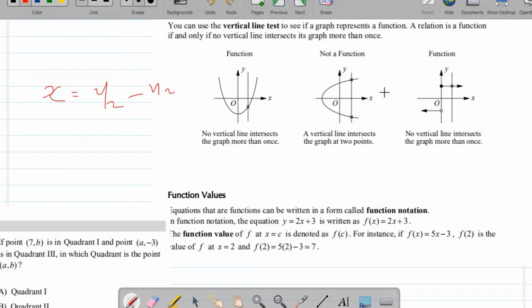It's like x equal to something related to the values of y. So it's quite different from y equal to what we know, like y equal to x squared plus anything, from a quadratic or a linear function. That's how you can test whether something is a function or not.